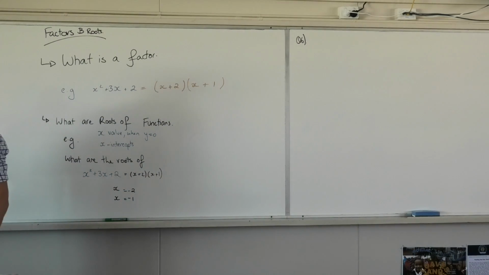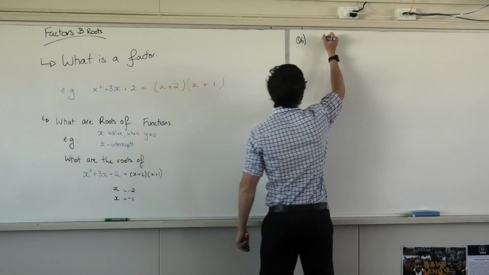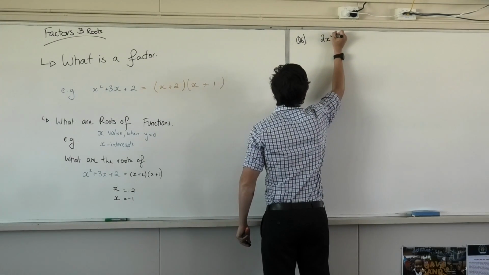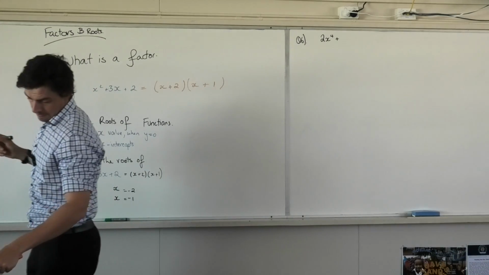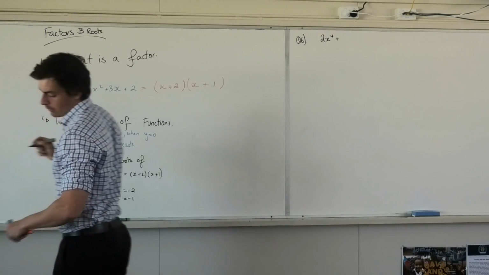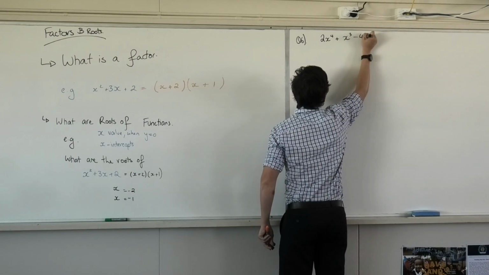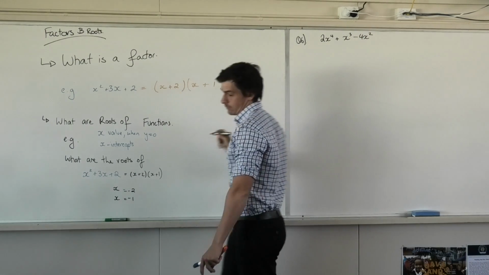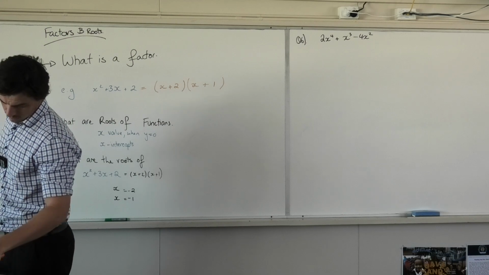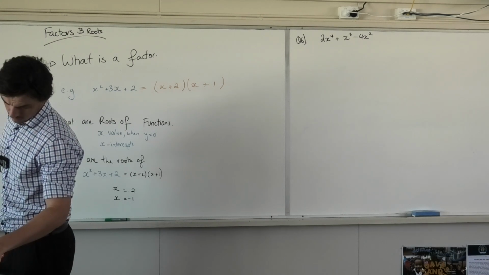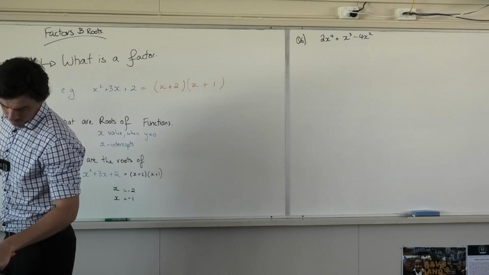Question 6 says, consider the polynomial 2x to the power of 4 plus x to the power of 3 minus 4x squared take 5x plus 6.